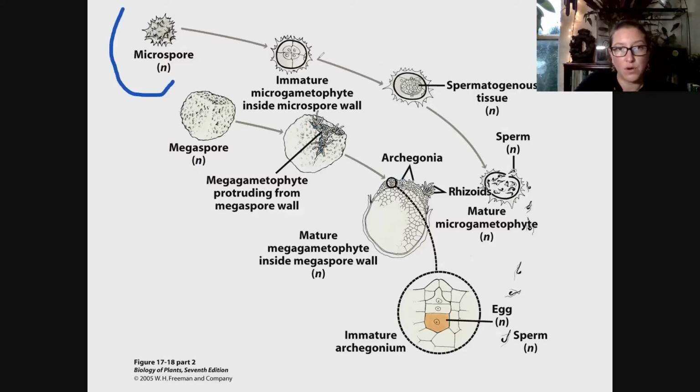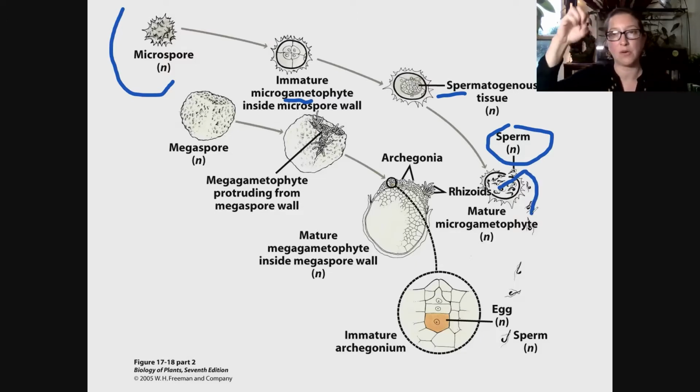Inside the microspore is that male gametophyte plant. Now the male gametophyte plant is just a single antheridium. That's all it's left. That antheridium is going to have tissue that makes sperm. Eventually, the sperm will be made inside of that microspore and be released. And what actually will happen is microspores will land on the megaspores.